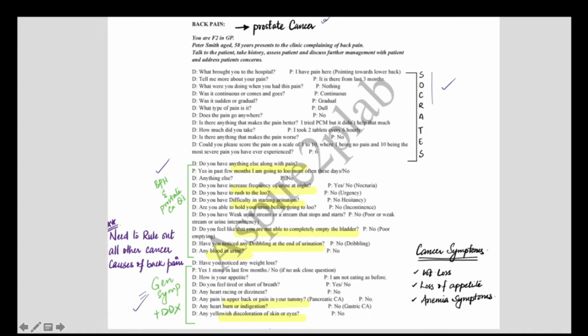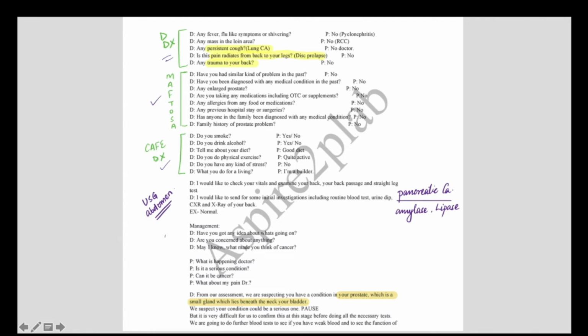So the questions that you will be asking in back pain are the BPH, prostate and cancer questions. So that becomes my point. Next comes the general symptoms or the DDX. Then comes the past medical history. Then comes the drug history, the lifestyle, and then comes investigation and examination, and then the management part.